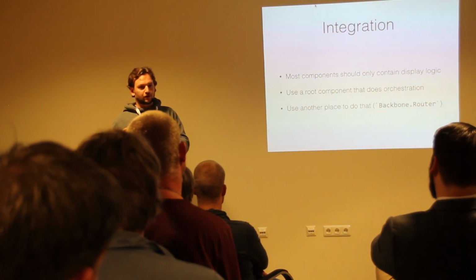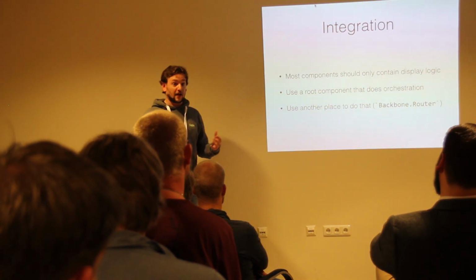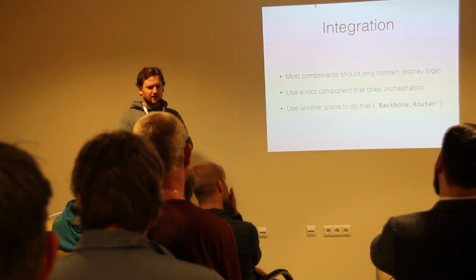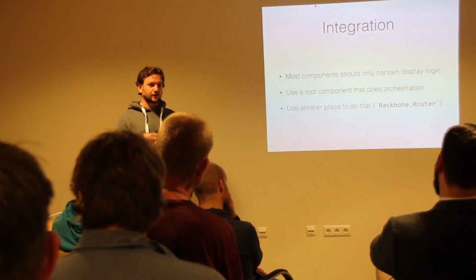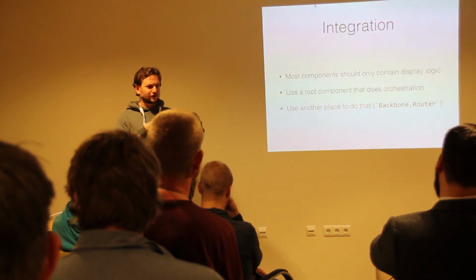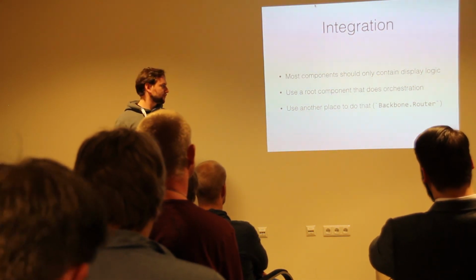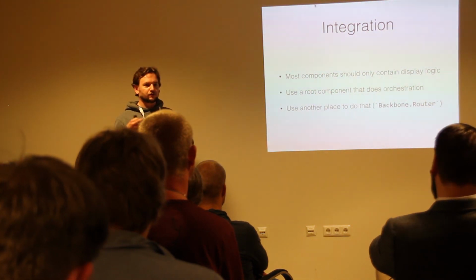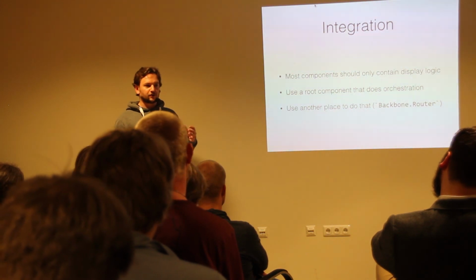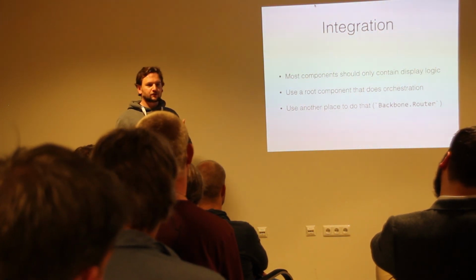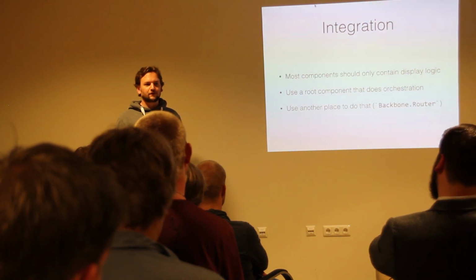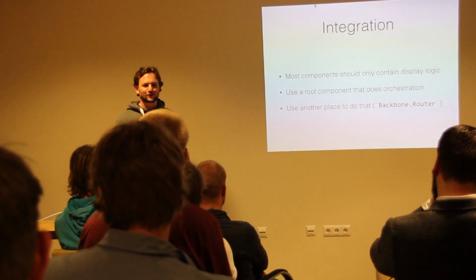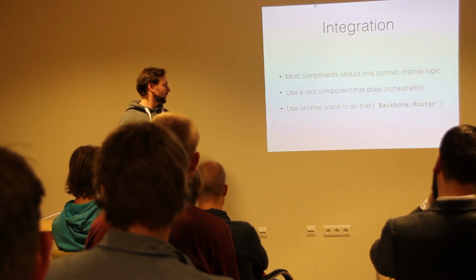We're still going to use Backbone models, we still have those around, and keep our state in that, and make some controller classes that will be in our routers and will push the props to our components, or we want to have some kind of root component that does all the orchestration and the delegation between our views and our models. It's a really hard problem to solve, and we haven't found the ideal way yet. But it's a nice problem to have, and we'll play around with it and settle eventually on a certain style.